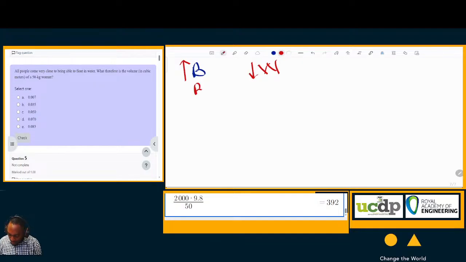So your buoyancy plus the weight should be equal to 0, right? No, not plus, should be negative. So your buoyancy should be equal to your weight.